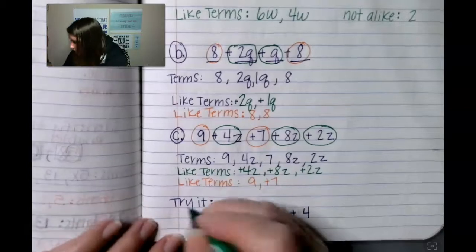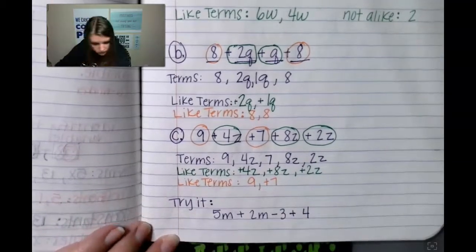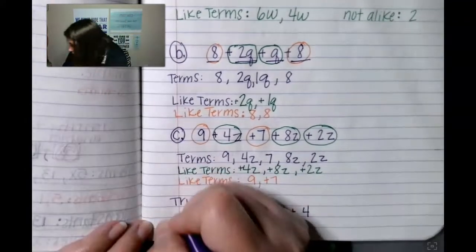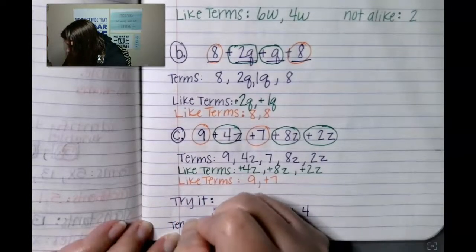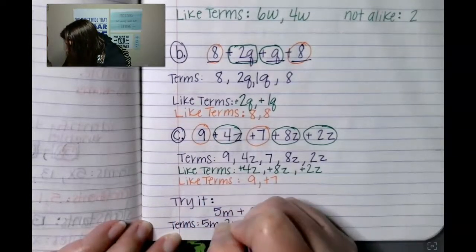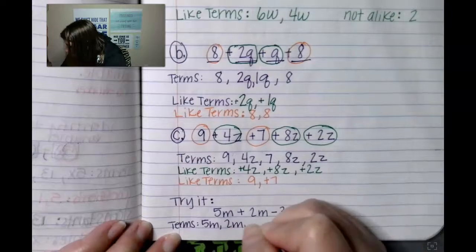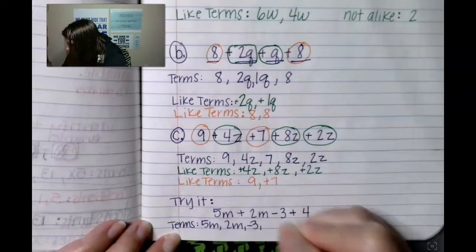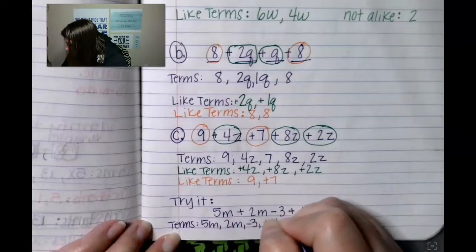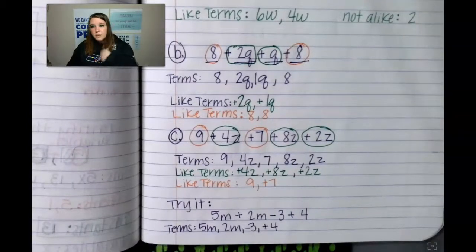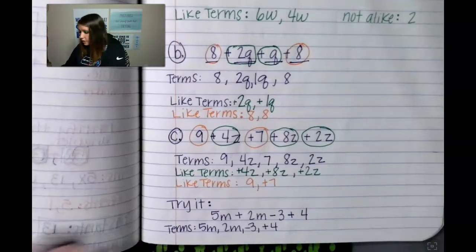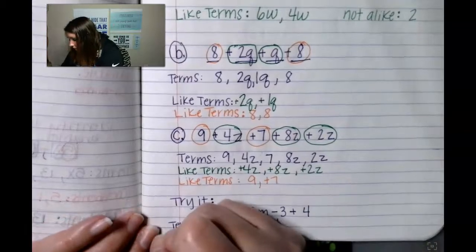Alrighty. All right, so the terms in this expression are 5m, 2m, negative 3, and a positive 4. Those are our terms. Okay, our like terms, the things that we have in common.